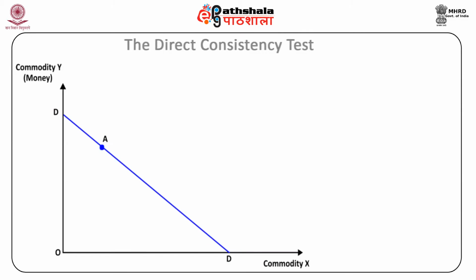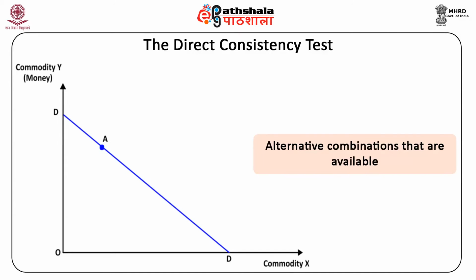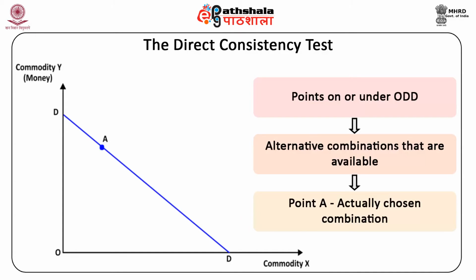As before, there are assumed to be two commodities, commodity X and commodity Y, which is money. The alternative combinations available to the consumer are represented by the points on or under the triangle ODD. The point A shows the actually chosen combination. The strong and weak preferences are the same as we have studied in the last section.